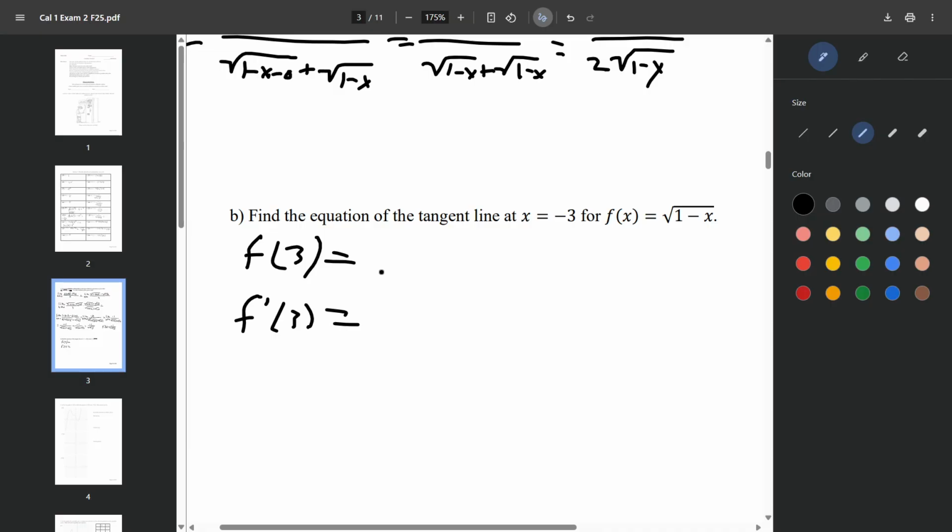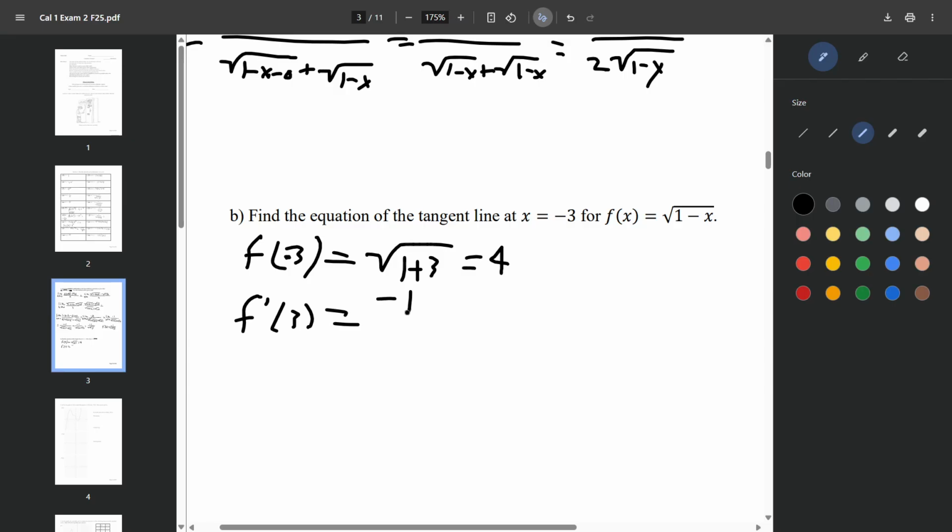So for f of negative 3, it's going to be equal to root 1 minus negative 3, which is root 1 plus 3, and that will equal root 4.